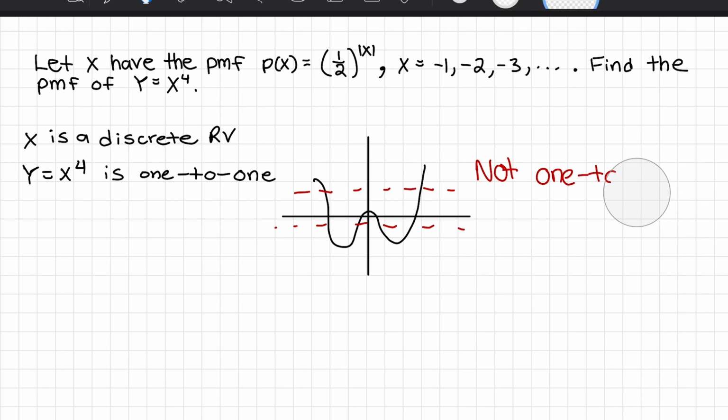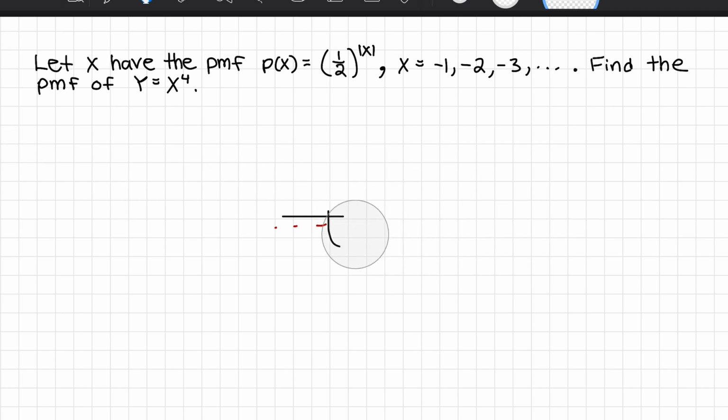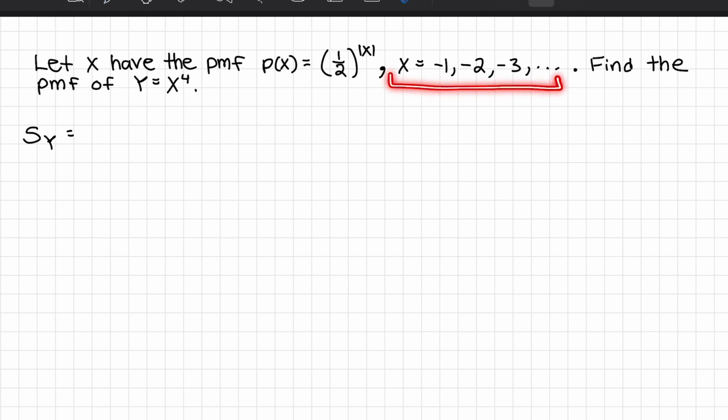To do this case by case, we need to first figure out our support of y. To figure out the support of y, all we have to do is take the support of x and plug it into our transformation. So, y equals negative 1 to the power of 4, which equals 1.